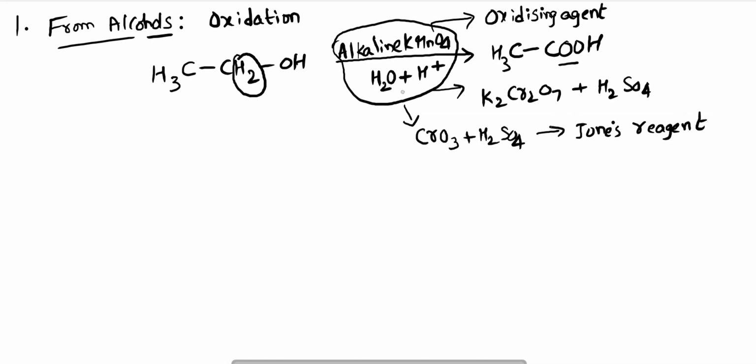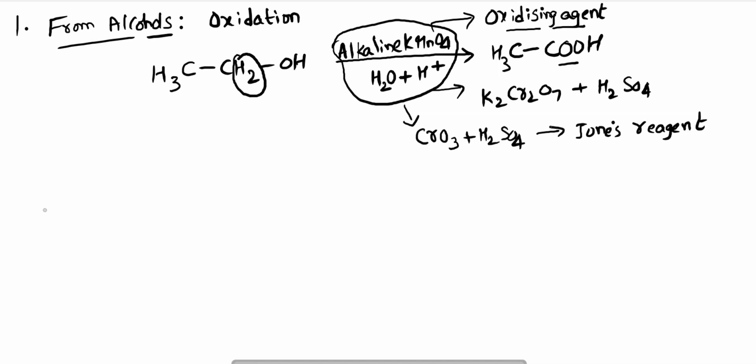So when converting alcohols to carboxylic acids, I can use any of these three oxidizing agents. They oxidize others, which is why they are called oxidizing agents. Oxidizing agents means which oxidize others but reduce themselves.